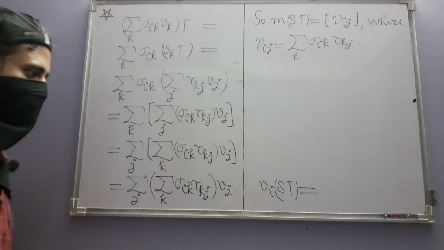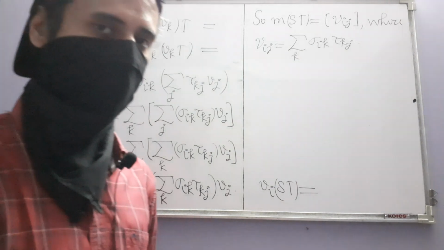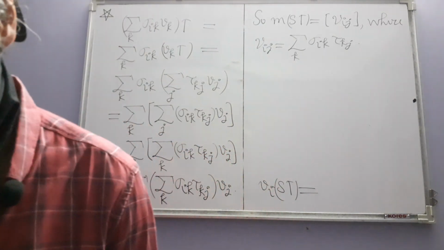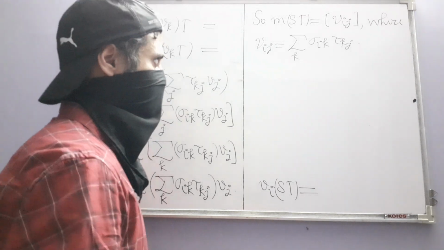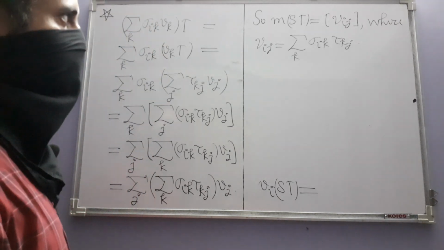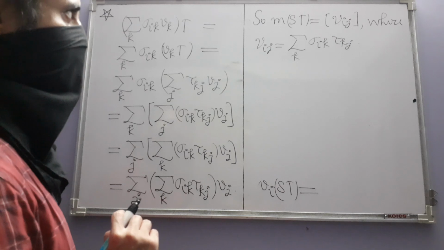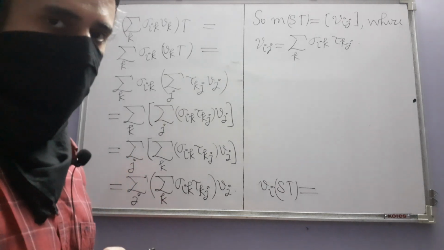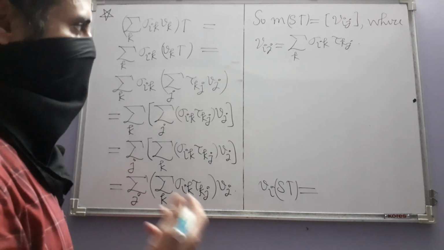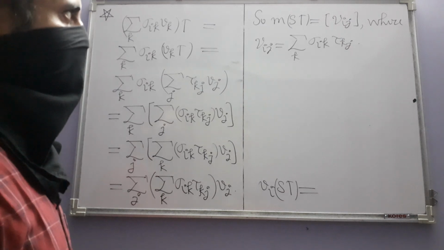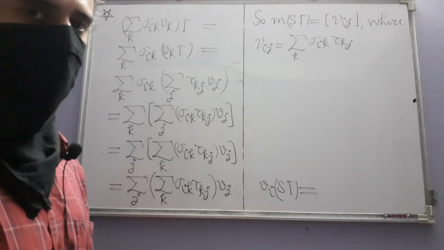This is the most complicated of the 3 operations. But it's just this, and in this form it looks very complicated, but if one thinks about it, how are we getting this ijth entry of M_ST?